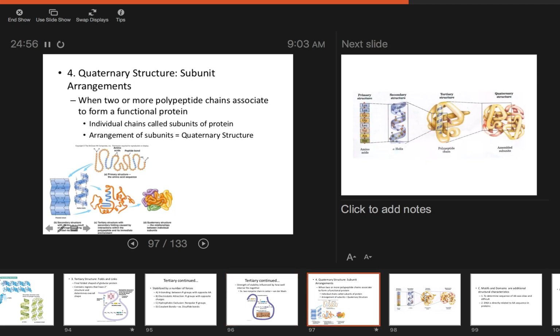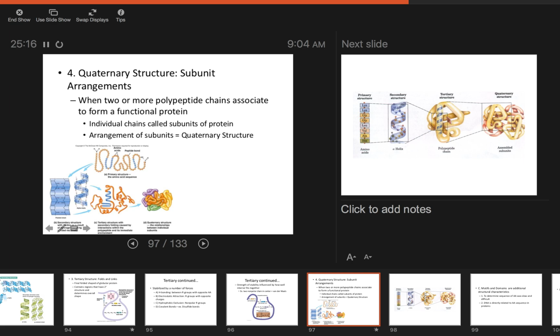Okay, the fourth and final level of structure in a protein is called the quaternary structure, and these are the subunit arrangements. So I think this picture does a great job, and I'm going to answer your anti-parallel question with this diagram right here, Amber. Our primary level of structure is just the plain old amino acid sequence.